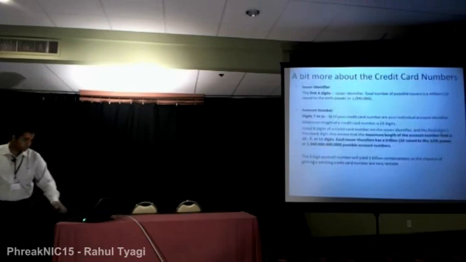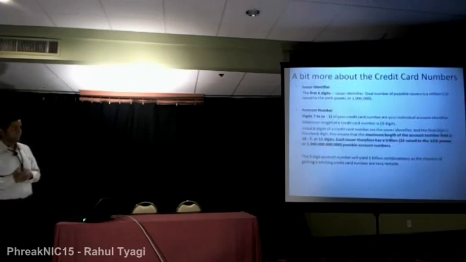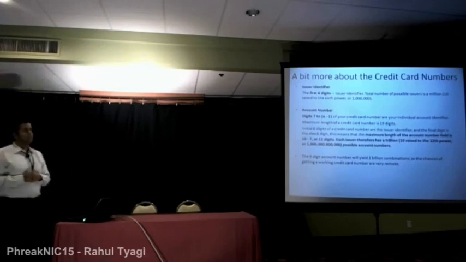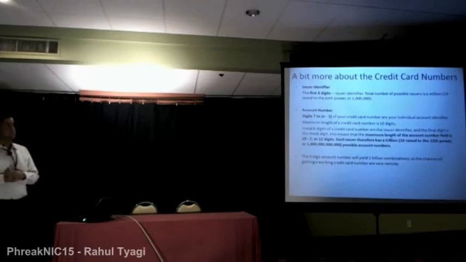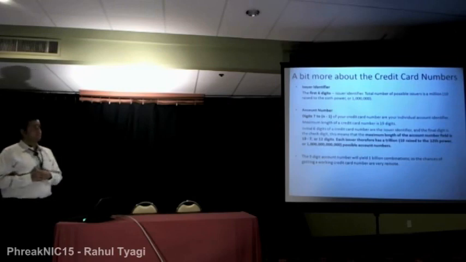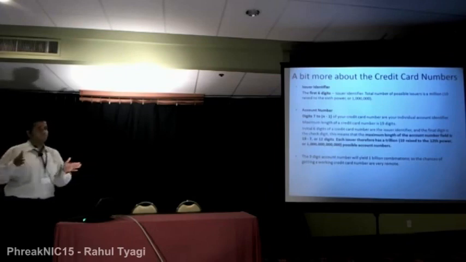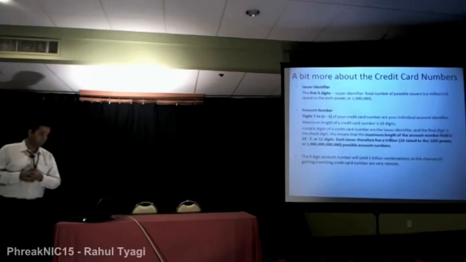So the first 6 digits are specific to the financial institution that's issuing. In the case of Bank of America, a debit card usually starts with 4, and the first 6 digits are 474477. Those 6 digits are fixed.